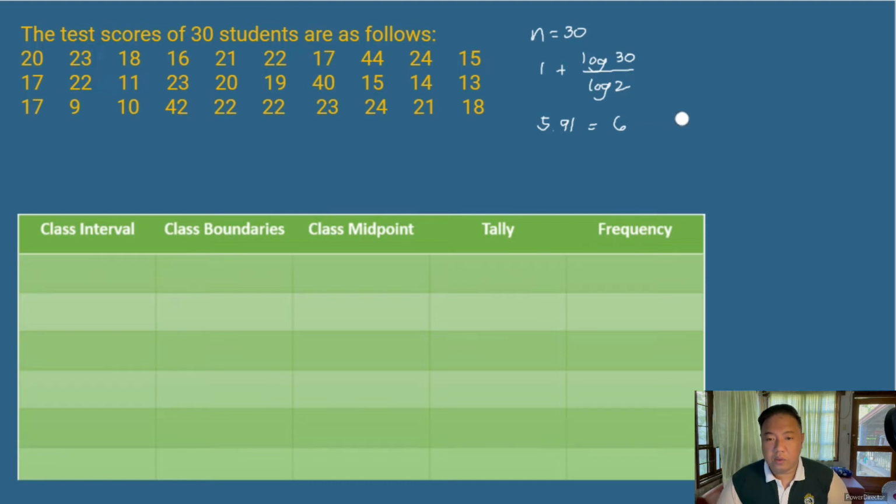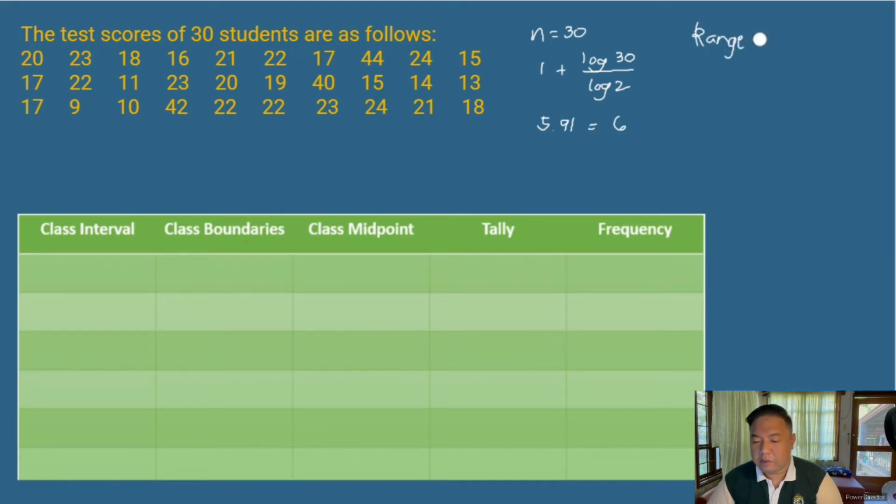the next thing to do is to determine the class width. Paano po ba kinukuha ang class width? It is the rounding up of the range divided by the number of classes. Sir, what is the range? The range is the difference between the highest value and the lowest value.